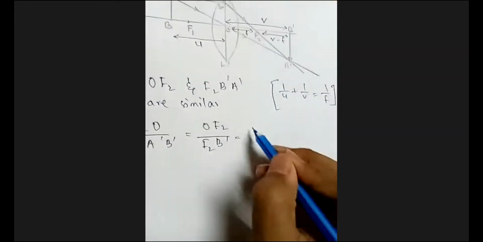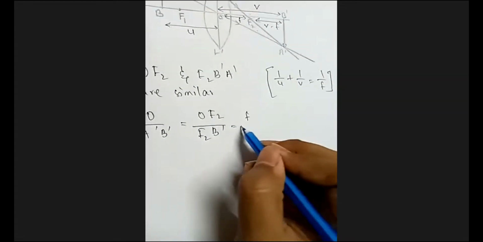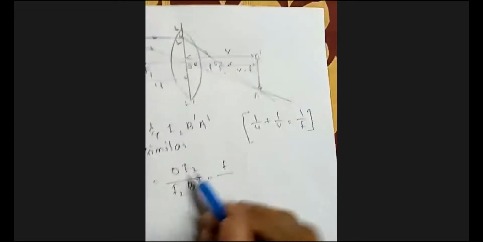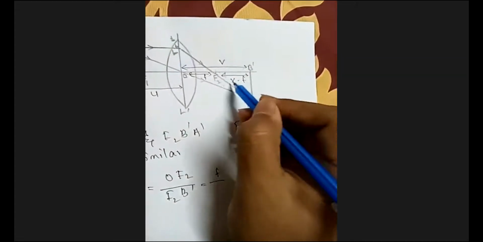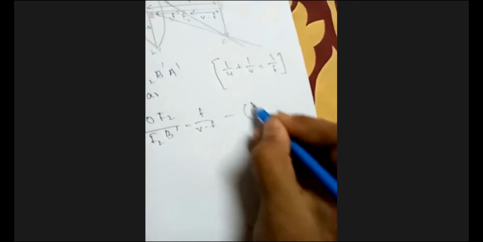That's F, the focal length, and F2 B prime is V minus F. Let's take this as equation 1.